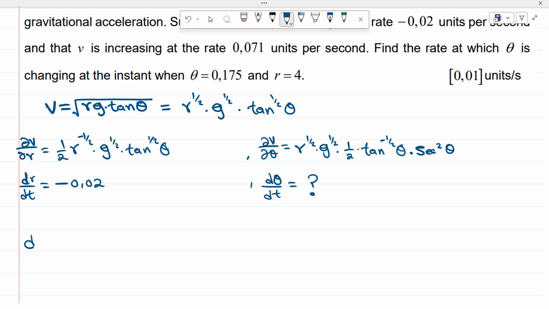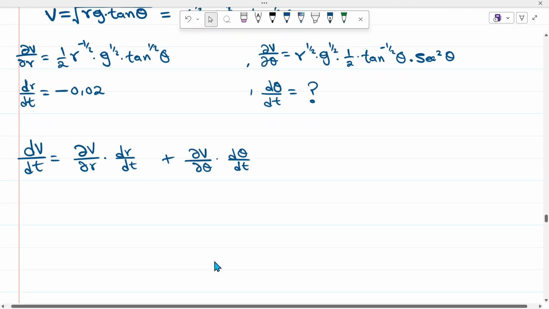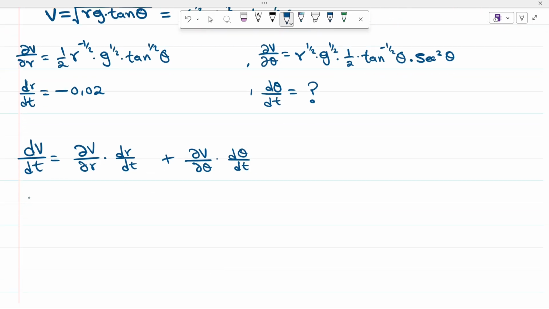The rate at which the volume changes with time is equivalent to the partial derivative of v with respect to r multiplied by the rate at which radius changes with time, plus the partial derivative of v with respect to theta multiplied by the rate at which theta changes with time. And then from here we're just going to substitute because we have everything.